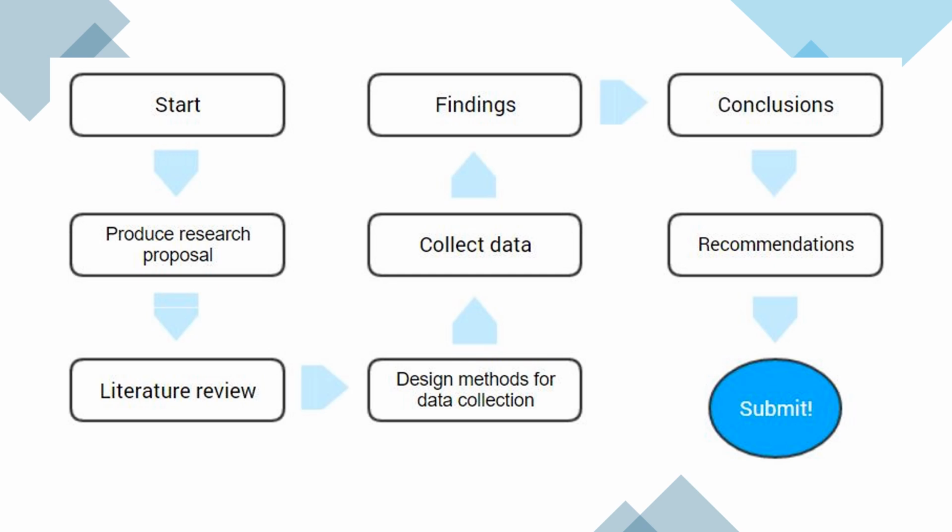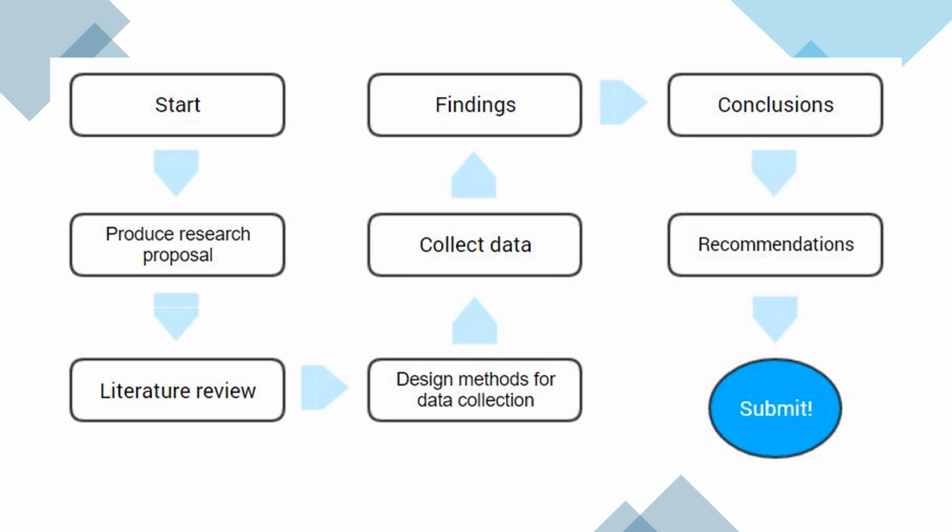So you start the research by producing a research proposal, and then start your literature review, which is critically analyzing the previous studies for the specific topic or title that you are conducting the research on.